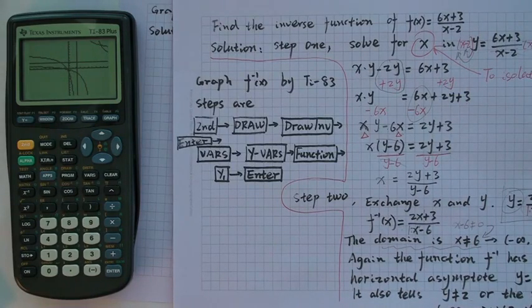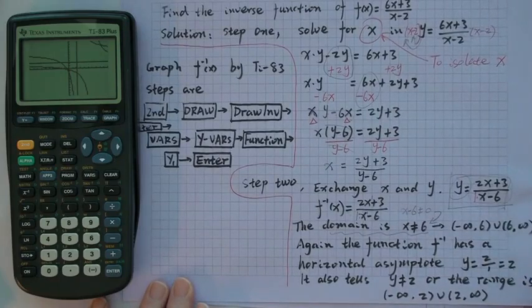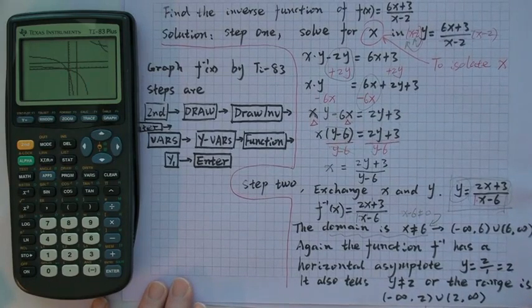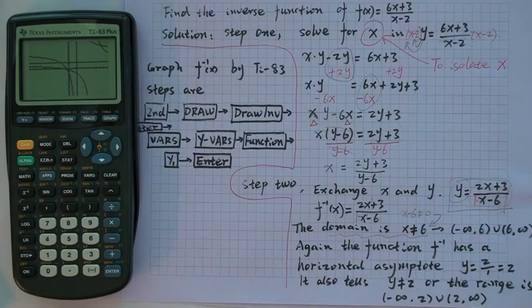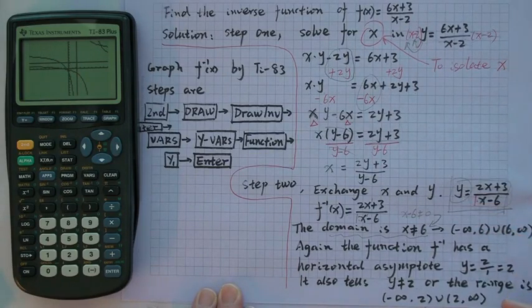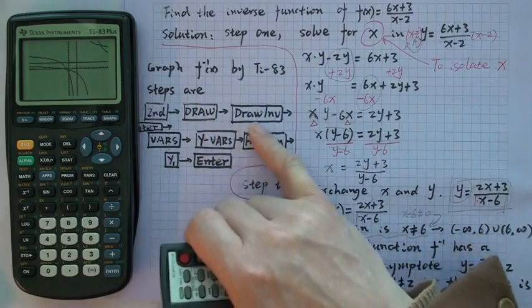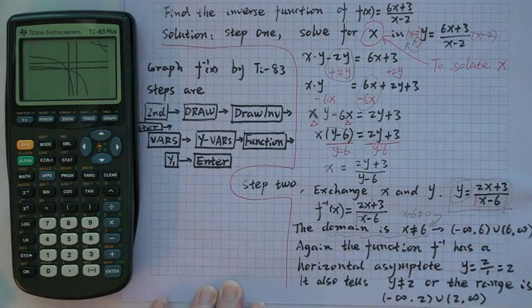That's basically what we want to talk about in this lecture. In this lecture we have talked about two things. One is to find the inverse, the domain, and the range. The second thing is to graph the inverse of this function by using the TI-83 calculator.